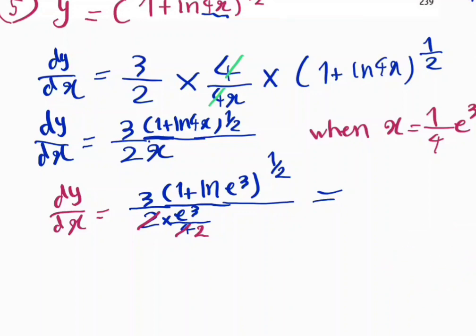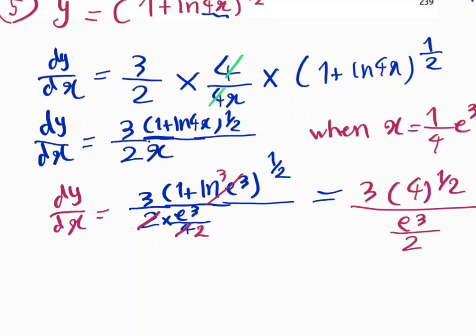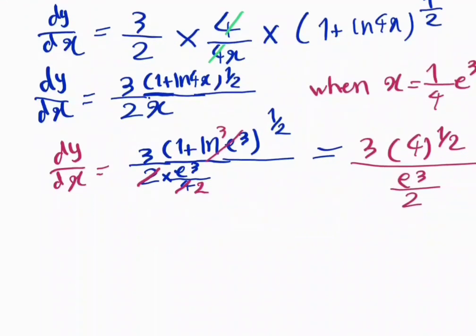So inside, here you will get 3, and 3 plus 1 is 4, so you will have 3 times 4 to the power of a half, divided by e cubed over 2. So 4 to the power of a half is the same as the square root of 4, which is 2.